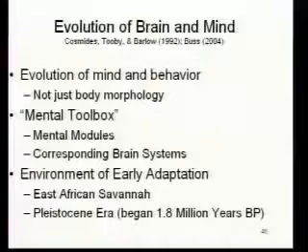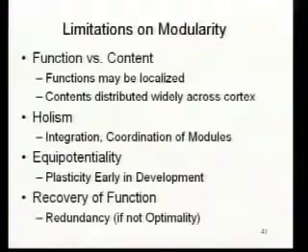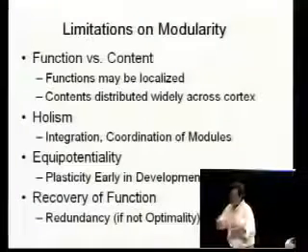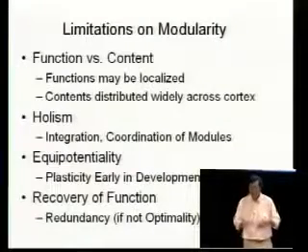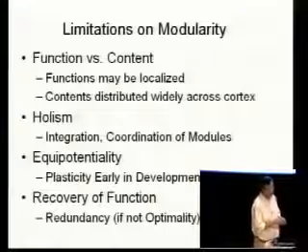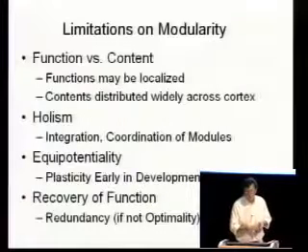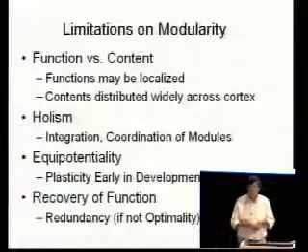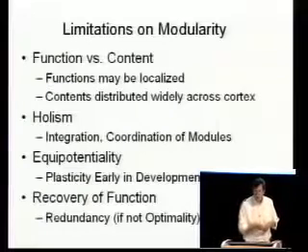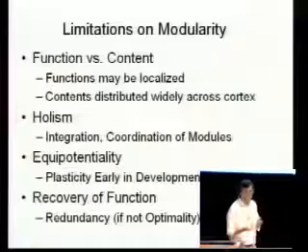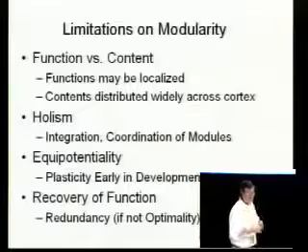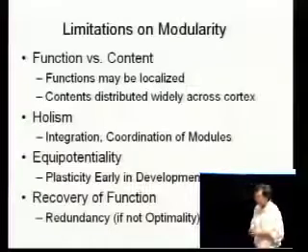That's all good as far as it can go, but if you think about it for a second, there have to be some limitations on modularity. The idea that the brain is just a toolbox of specialized tools can't be the full story. For one thing, the brain isn't just a collection of independent pieces, each dedicated to a particular function.